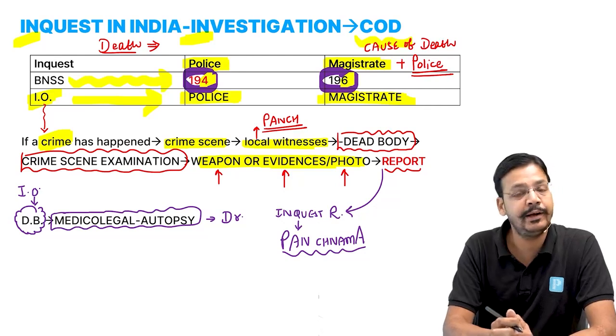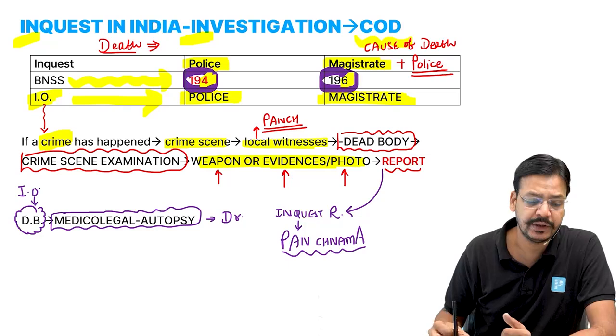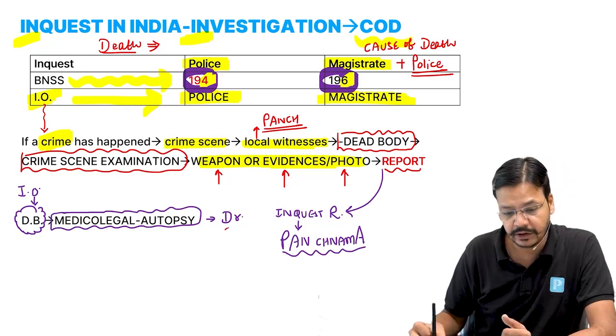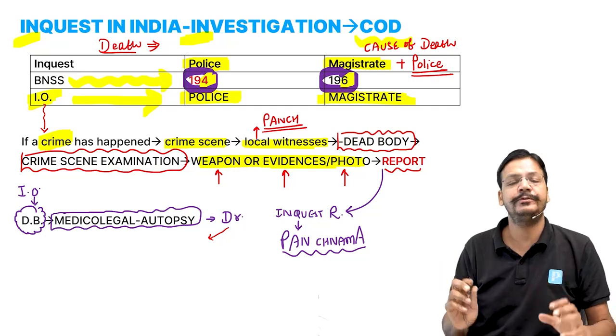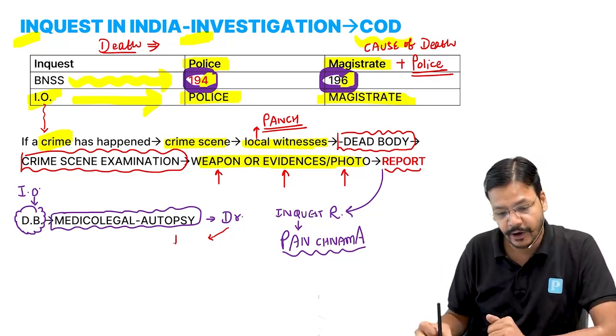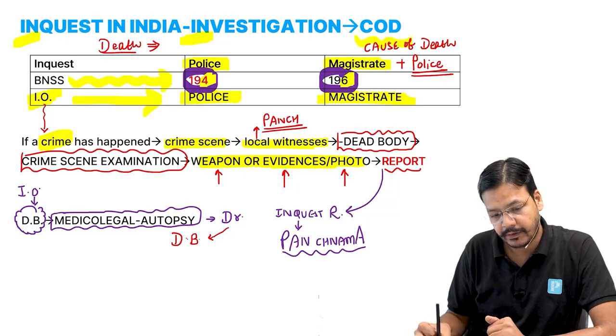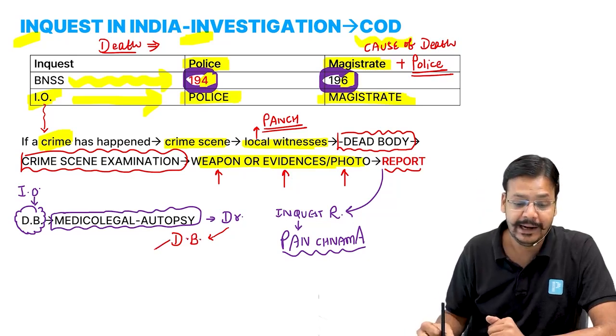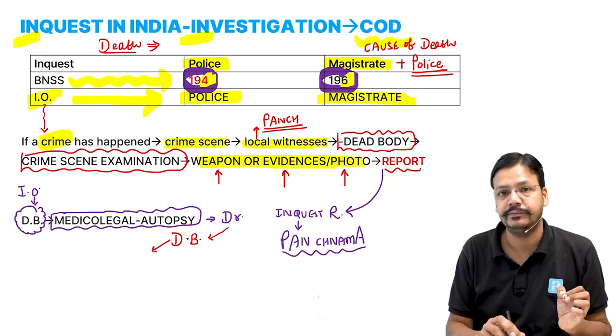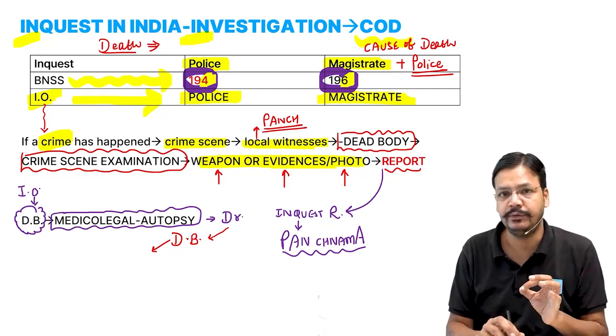This autopsy will be done by a doctor. And now the question comes: after the medico-legal autopsy is done, the dead body will be handed back to whom, relative or IO?